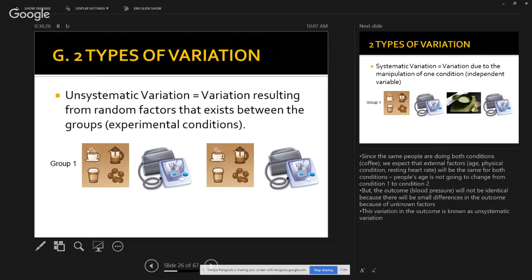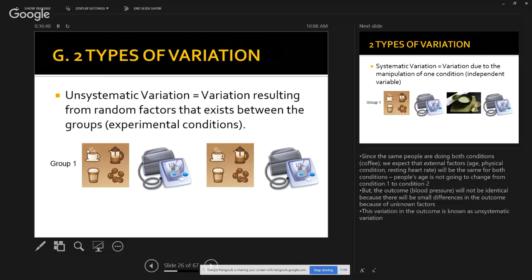It's just error. It's never going to be the same. That error is called unsystematic error, okay? The stuff that you cannot control for, regardless of perfect eligibility criteria, perfect random sampling technique.